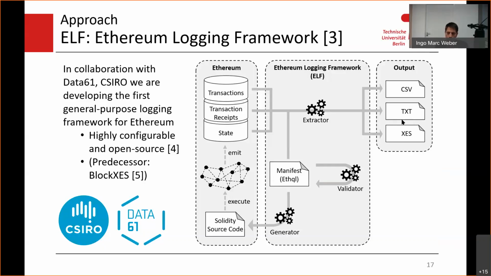So, for example, ELF could simply write into a local text file like any application log, and then you could use tools like Logstash that pick up any changes and transfer the data from those changes into Elasticsearch or whatever you want to do with it.